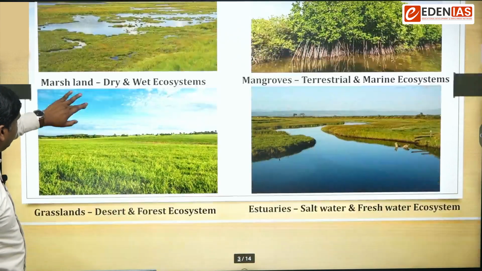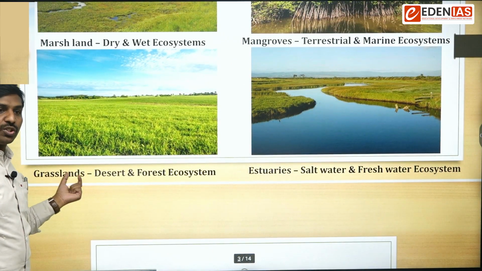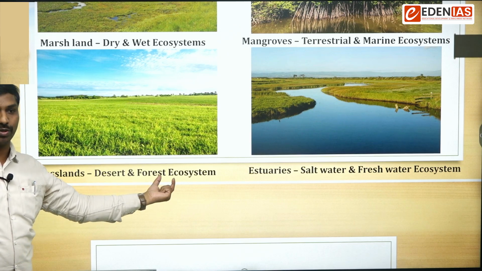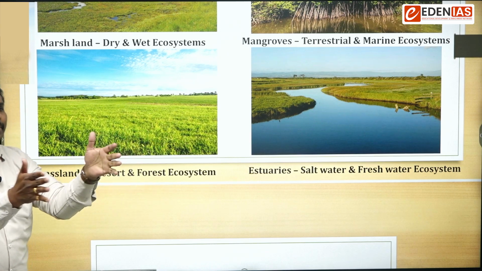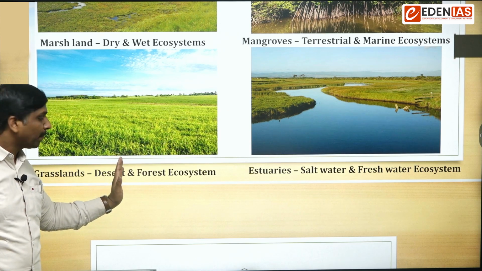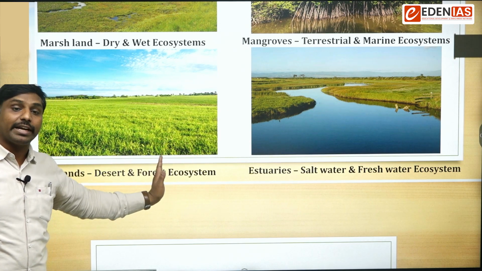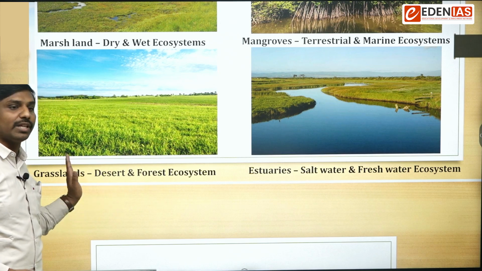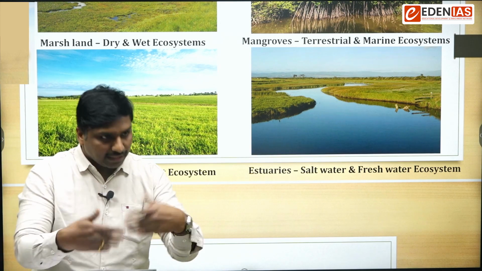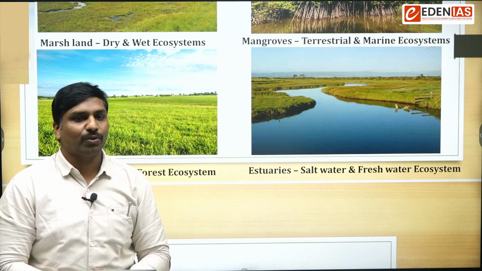And then you see grasslands. Grassland is an ecotone between desert ecosystem and forest ecosystem. That means it's an intermediary place where, if rainfall is sufficient, it turns into forest ecosystem. If rainfall is deficient, it turns into desert ecosystem. If rainfall is intermediary, then that ecosystem will develop into grasslands.